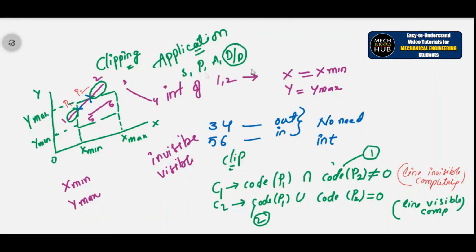When it comes to drafting and drawing, windowing and clipping is very important, because the ultimate aim of any designer is to fabricate the component. To fabricate the component, you need to develop a draft sheet that has to be sent to the shop floor for manufacturing. In this draft sheet, as I said in the beginning, you find different views of a component.